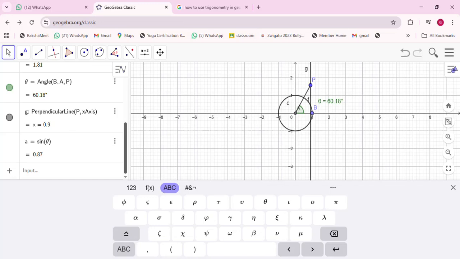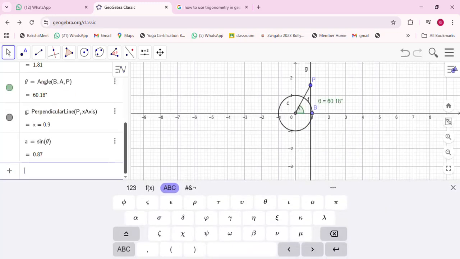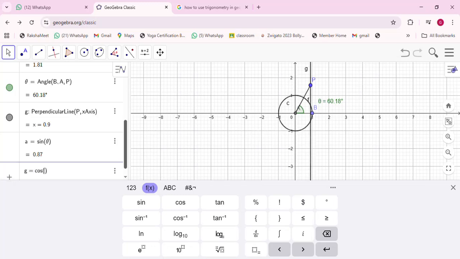Now similarly I can find the cosine of the angle. I can give here any point, j is equal to, and here I can give the function cos, and in the bracket I can write the angle theta. Press the enter key.